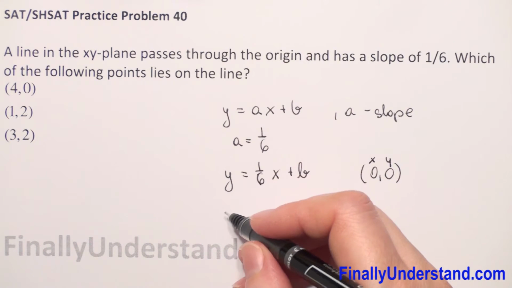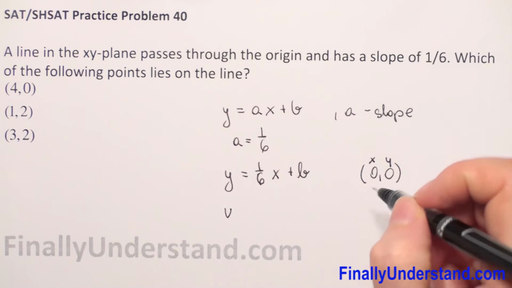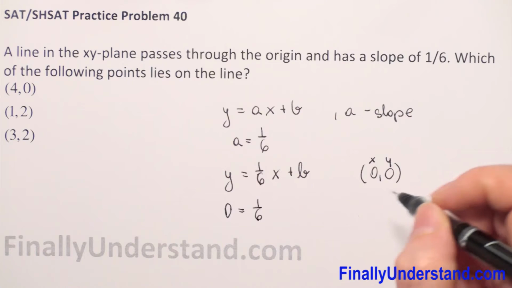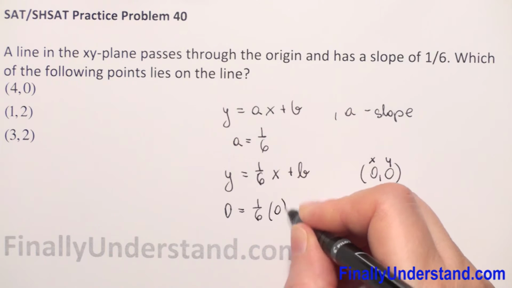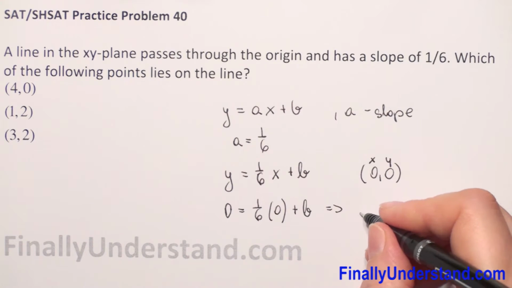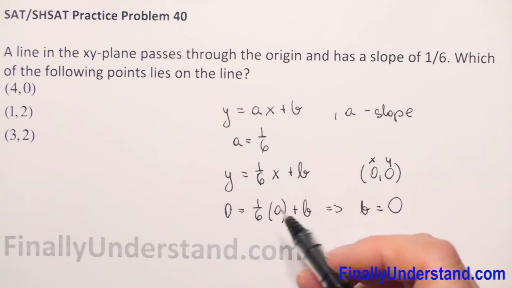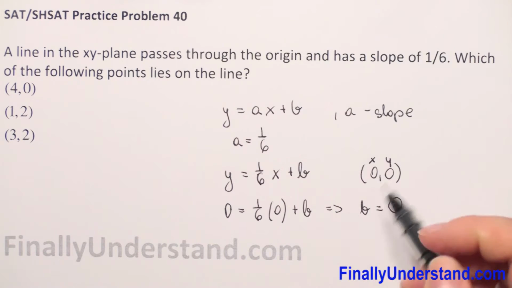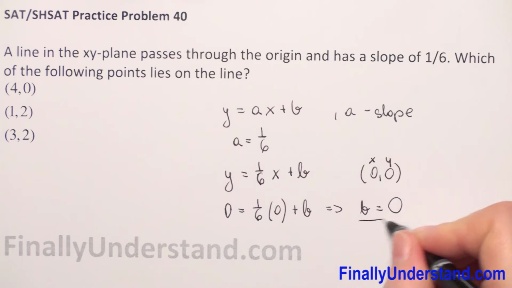So 0 equals 1/6 times 0 plus b. We see that b equals 0, because 1/6 times 0 is 0, so 0 plus b is b. So b is equal to 0.